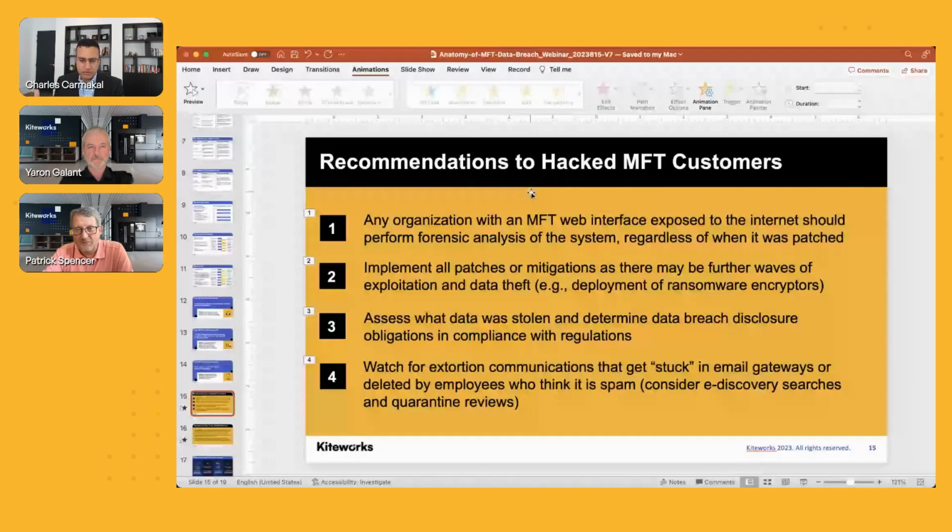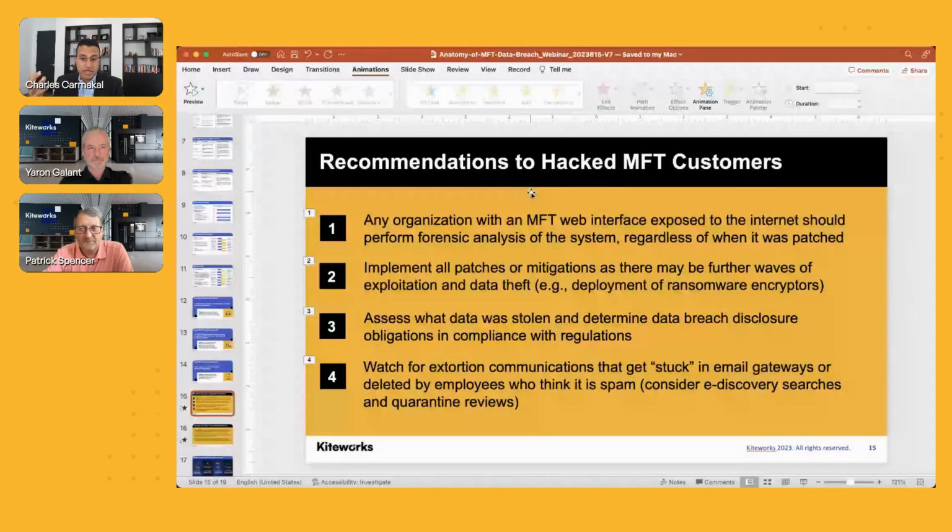But I think people are in generally good shape right now in terms of knowing whether they had an issue. Obviously, implement the patches or the mitigations that were provided by the vendor, and keep up to date with all the patches that have been coming out. That gets a little bit tricky, but I think we're in better shape today.